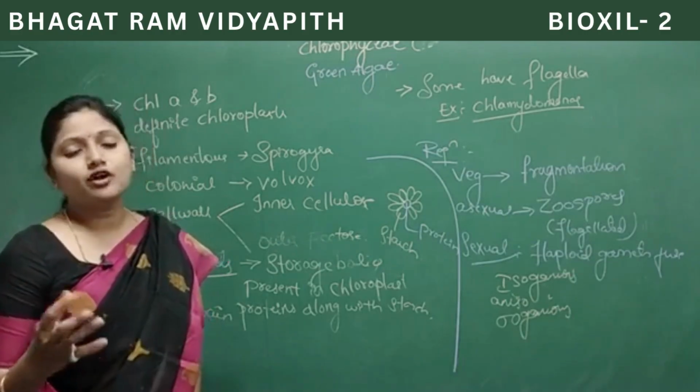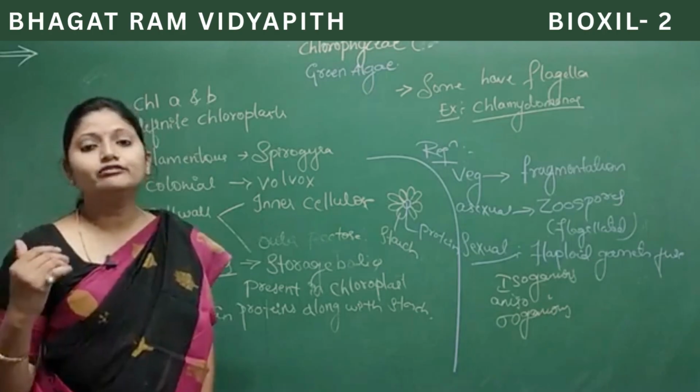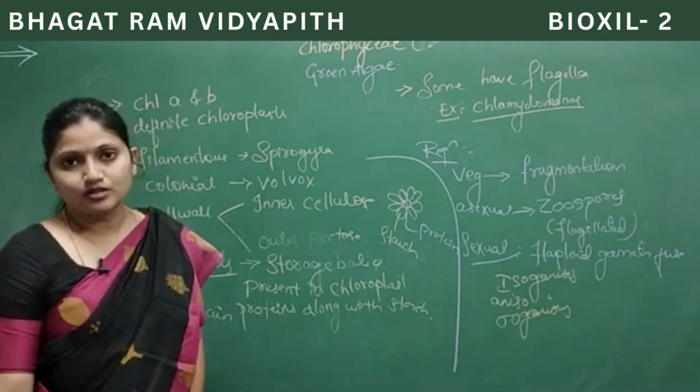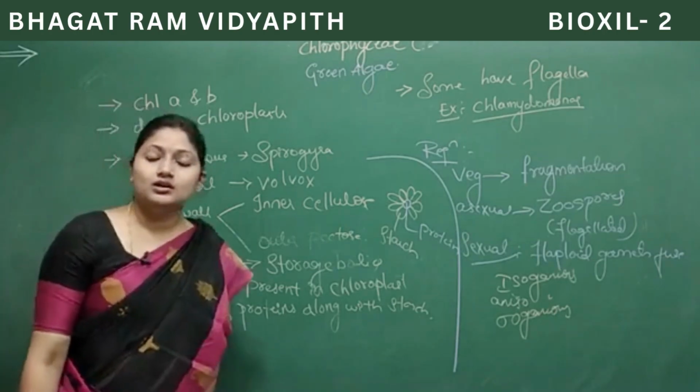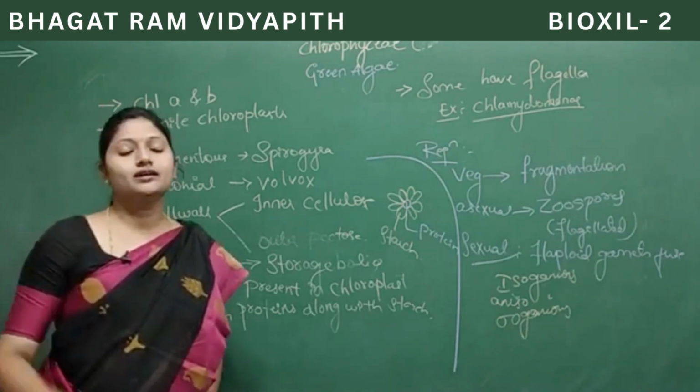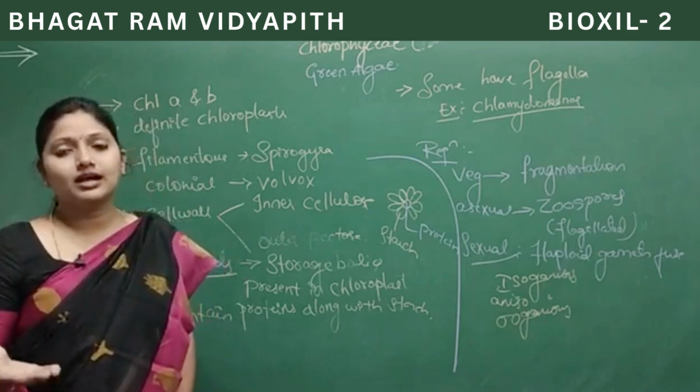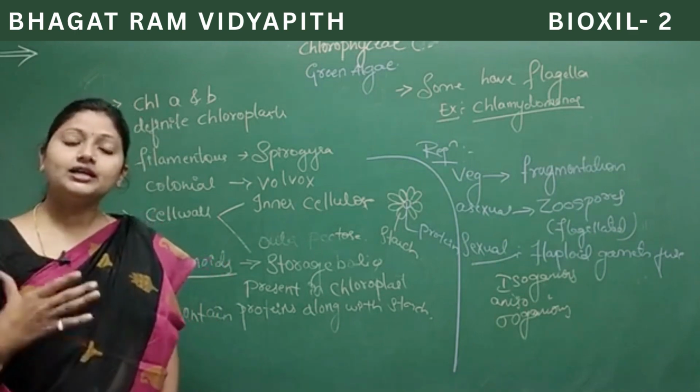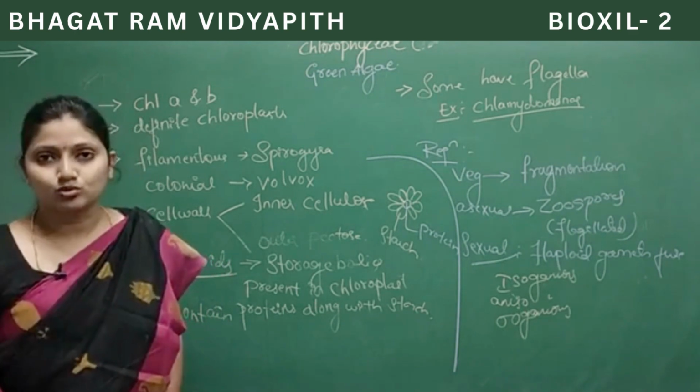Example for the filamentous form is Spirogyra and for the colonial form is Volvox. Then the cell wall has two layers: the outer part has cellulose and the inner part has pectose.